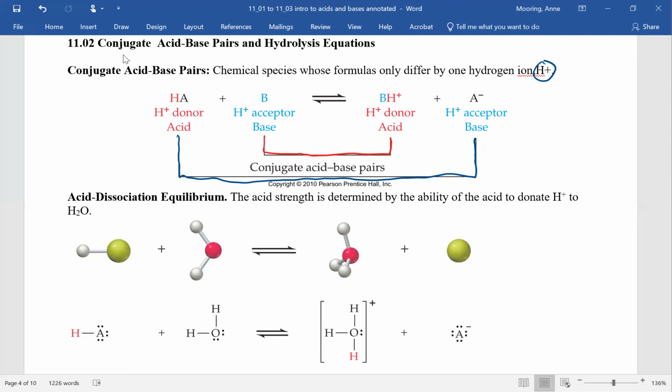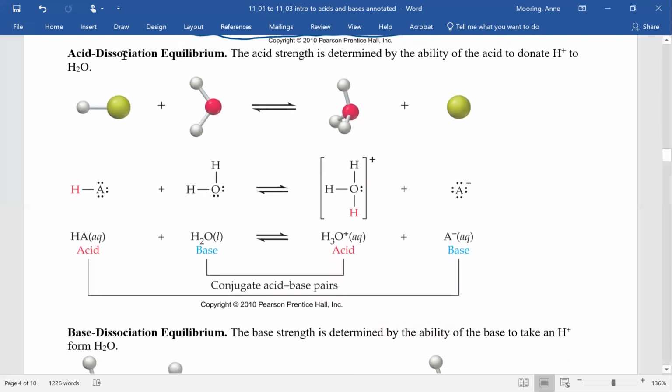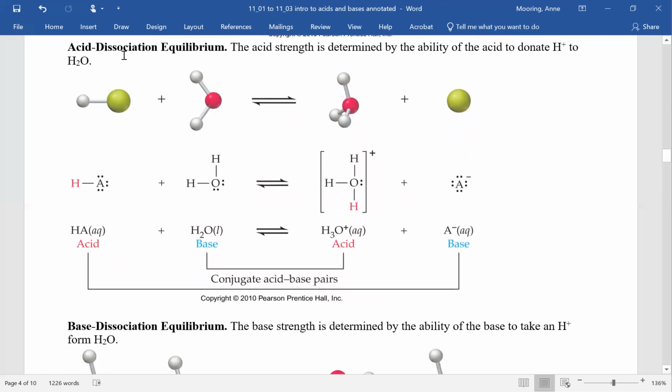Let's take a look at these in a little more detail. So here we have an acid dissociation equilibrium. One of the ways that we evaluate acid strength is by the ability of the acid to donate a hydrogen to water. So is the water going to take a proton from the acid?